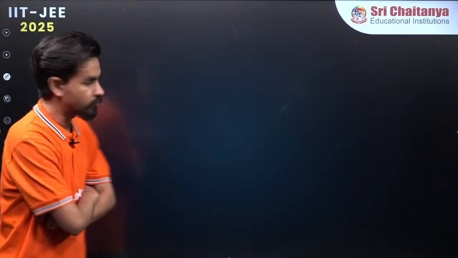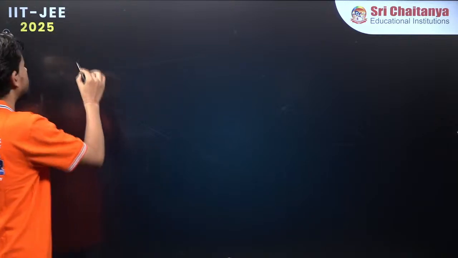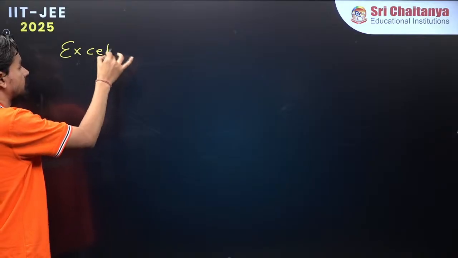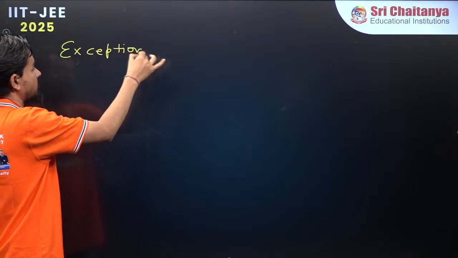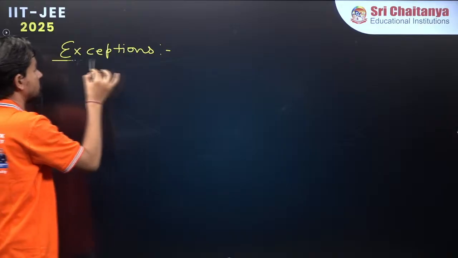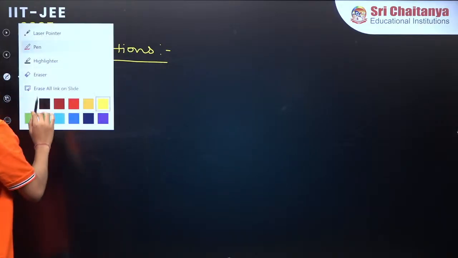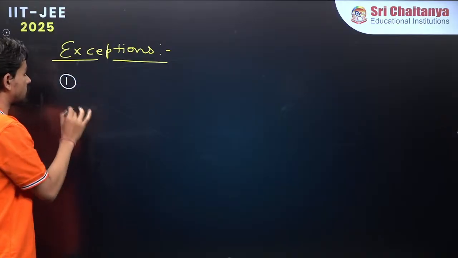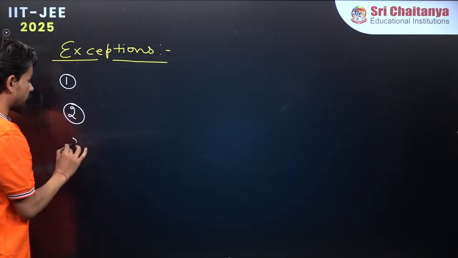Okay, let's move on. Now let me tell you the exceptions of Lewis dot structures. There are three kinds of exceptions.